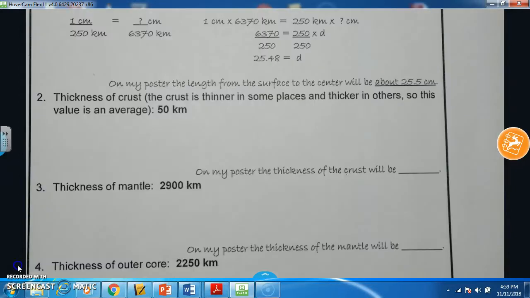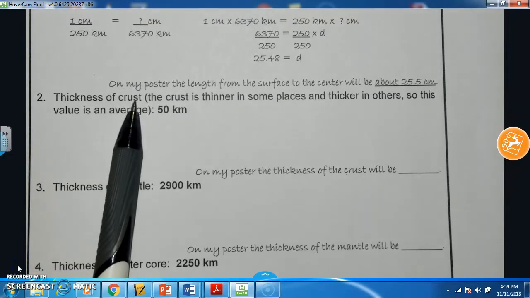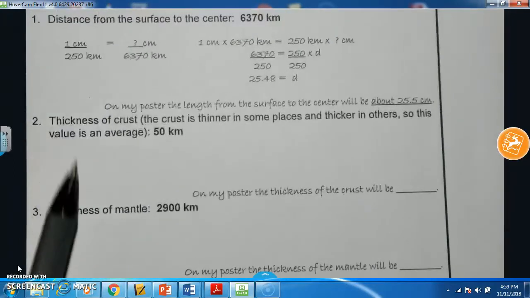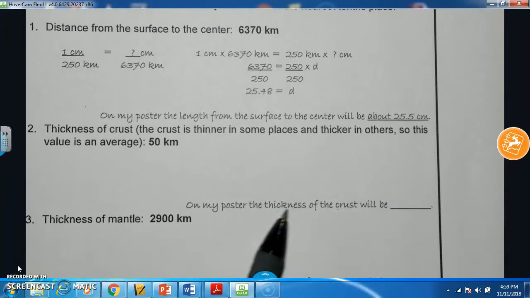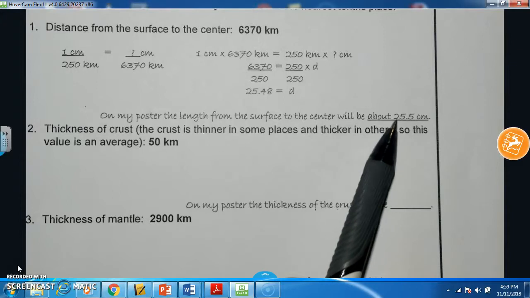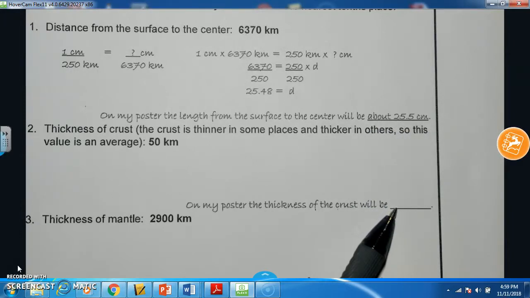What does that mean? So take a look at number 2. Thickness of crust. The crust is thinner in some places and thicker in others, so this value is an average, 50 kilometers. So I need to be able to see on my poster the thickness of the crust will be what? Okay, you notice here it wrote about 25.5 centimeters. So obviously we cannot draw in kilometers, so we have to convert that.